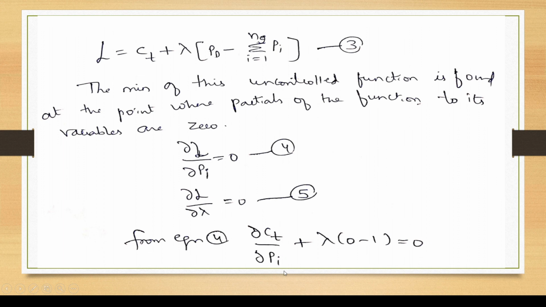So dou PD by dou Pi will be 0, minus 1, because dou Pi by dou Pi will be 1. So by taking the partial differentiation of equation 3, we are going to get dou Ct by dou Pi plus lambda into (0 minus 1) is equal to 0.